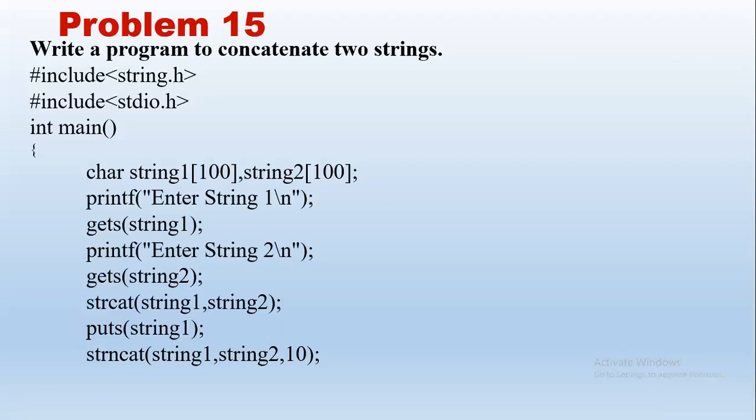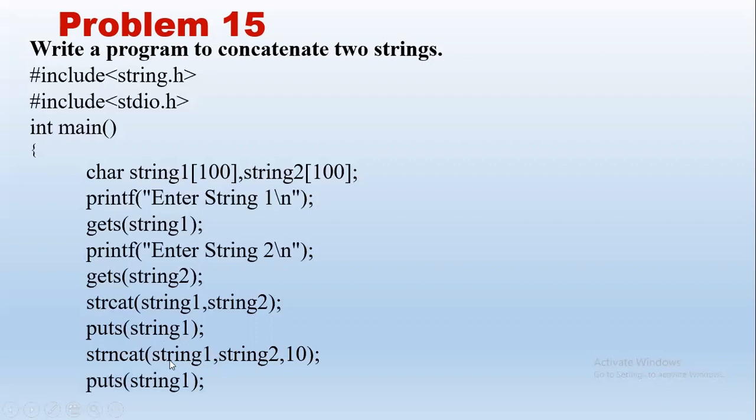So string 2 is programming, so PROGRAMMIN, right? Excluding G. So that is 10 characters. That will be appended to the end of string 1. Computer programming programmin will be string 1. So here again, the resultant string is string 1.